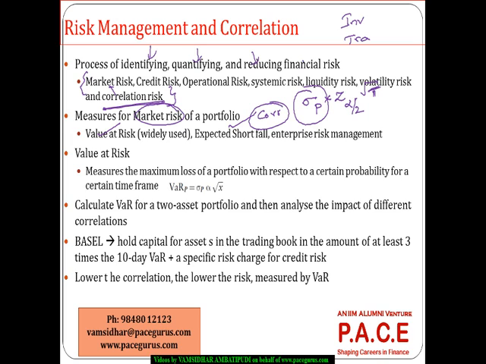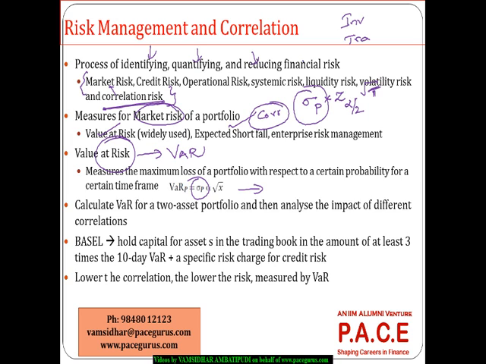So the value at risk, which is a measure of market risk, apart from the individual volatilities, is heavily dependent on the correlation existing between the different asset classes. Which means there is a usage of correlation even in understanding market risk, and in risk management understanding the correlations between the various asset classes will help me come out with an appropriate value at risk.